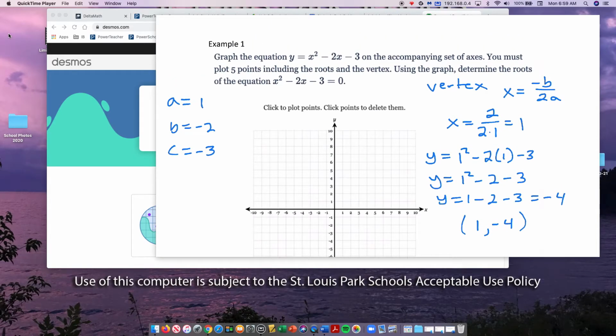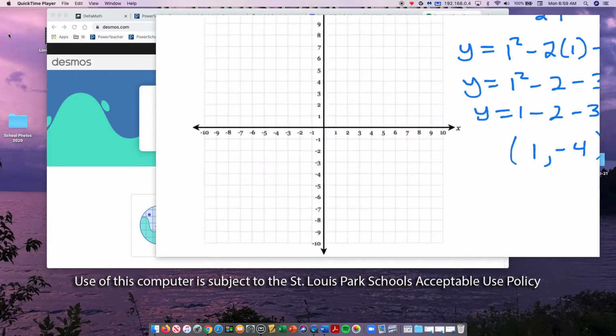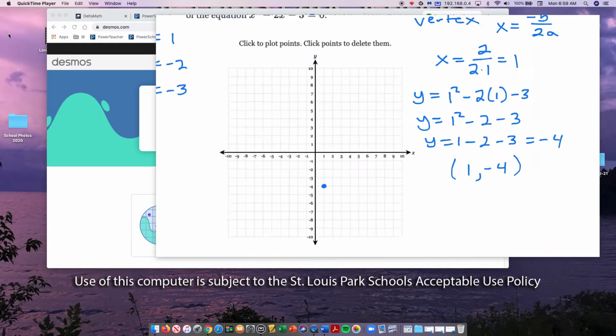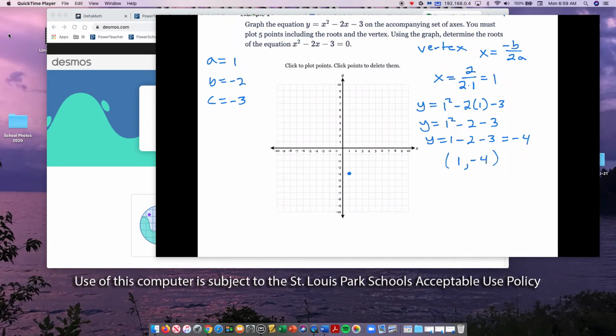You notice that this one opens up because a is positive. So what we know right away is that (1, -4), there's our vertex. So our parabola is going to take on that shape.